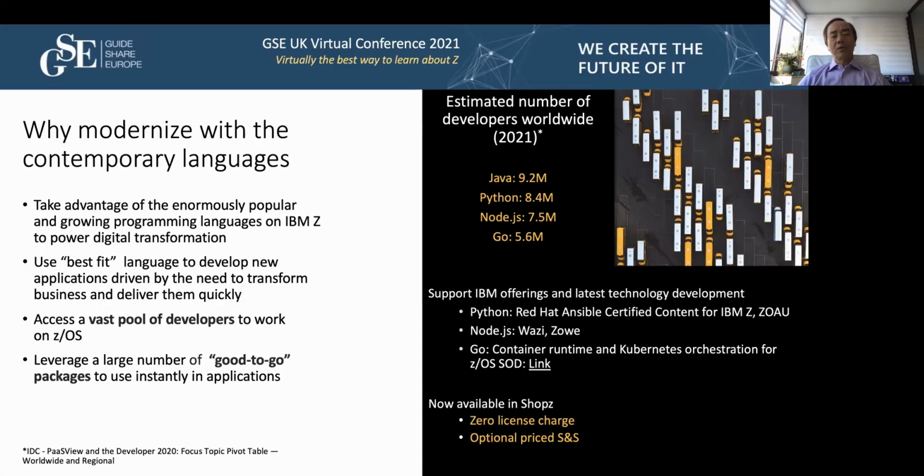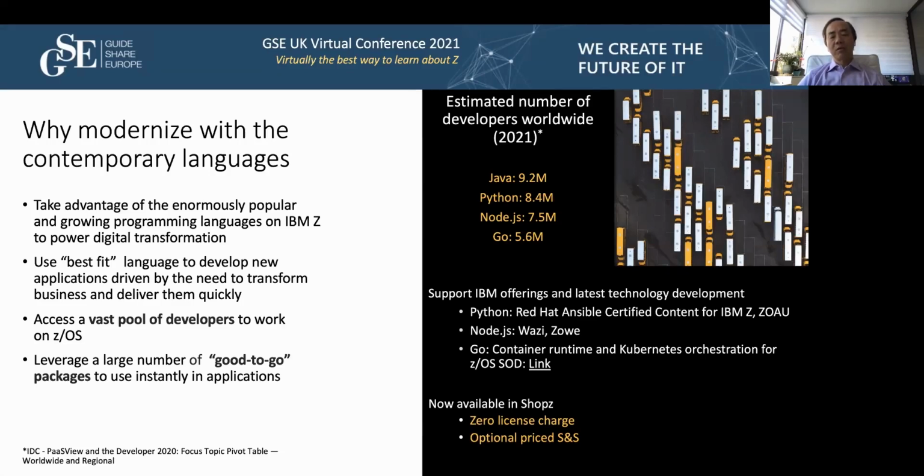So what we want to do is to take advantage of the very popular and growing programming languages and enable them on IBM Z, so that you will have more options for your digital transformation needs. So that you can find the language that best fits what you want to do, and you can deliver your applications very quickly.